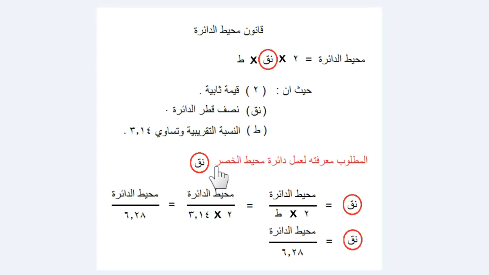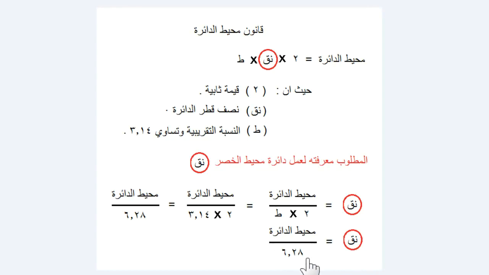NK equals the circulation divided by 2 times t, which equals the circulation divided by 2 times 3.14, and 2 times 3.14 equals 6.28. So NK equals the circulation divided by 6.28.